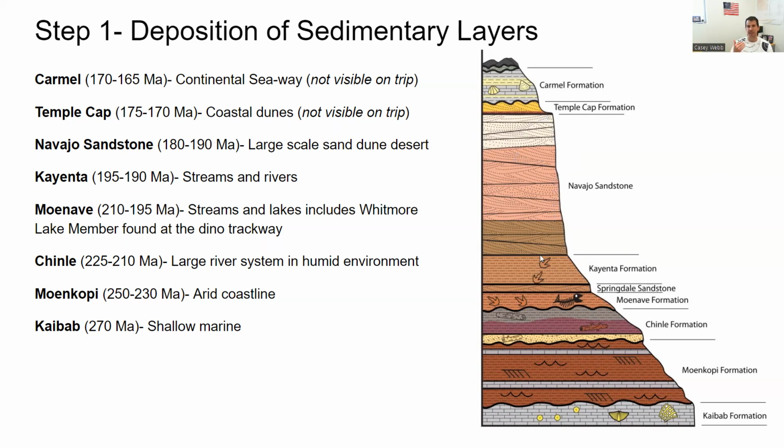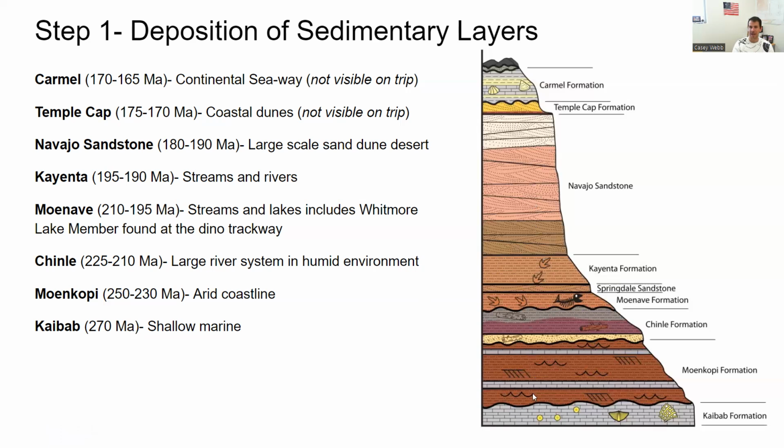Each of these is basically a record or a representation of the existing environment at the time it was deposited, okay? So I have here all these layers listed out with their respective depositional settings, and we can see that the setting changed a lot over time.